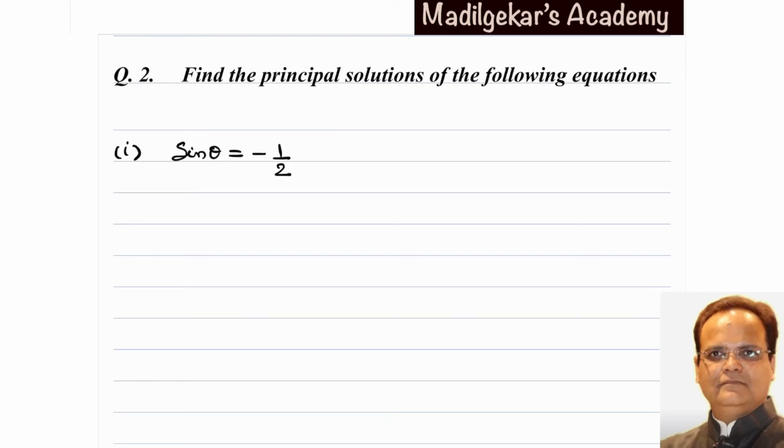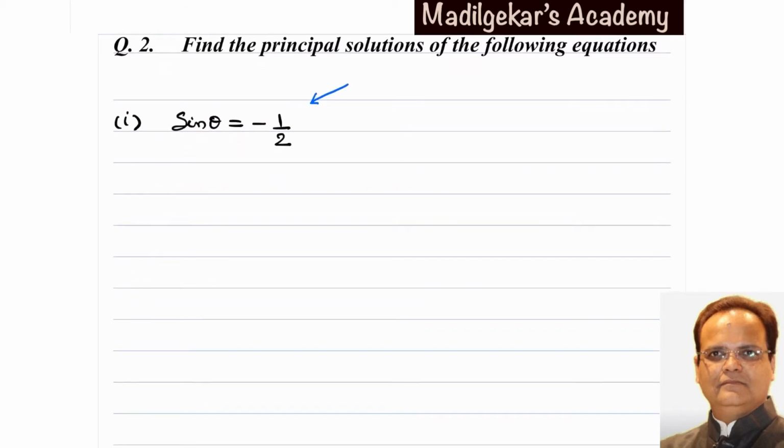Question number 2. Find the principal solutions of the following equations. Here you can observe in the RHS the values are negative. So again, by using allied angles, we will find the principal solutions. Sin theta equals minus 1 by 2. 1 by 2 is sine of pi by 6.